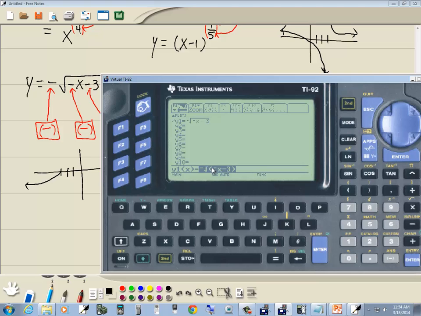Now you see it throws it down here in edit mode and everything's highlighted. If I do my right arrow key, then my cursor's here. If I do my left arrow key, okay, now see it's just to the right of the negative. So if I do a backspace, then I can wipe that out.